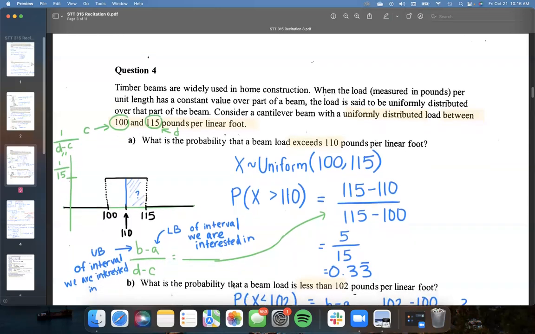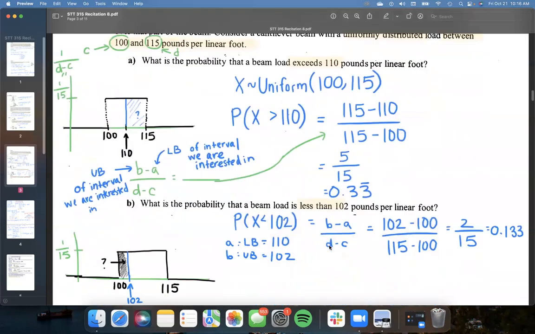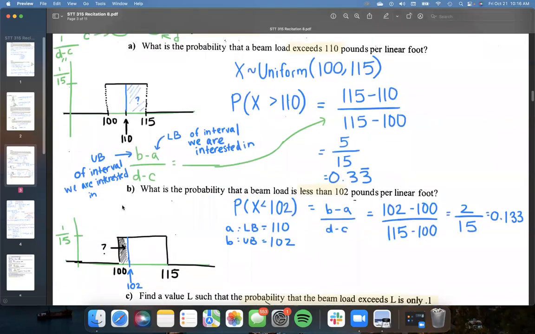What is the probability that a beam load is less than 102 pounds per linear foot? So here I always start off with drawing what we have. So here it's going to be the same. We're in the same situation of uniform.